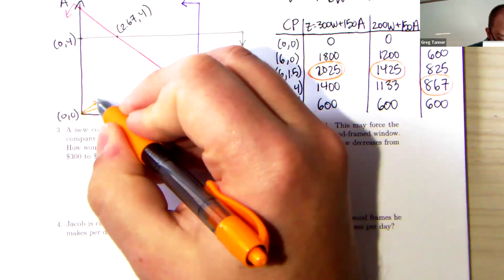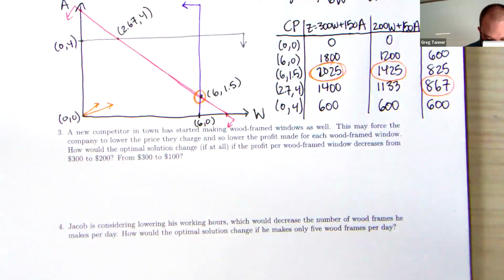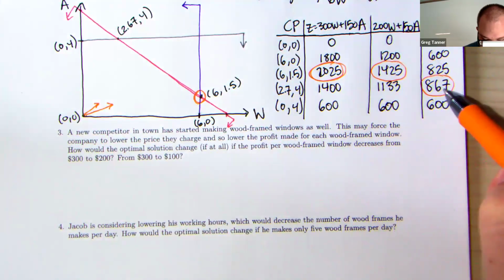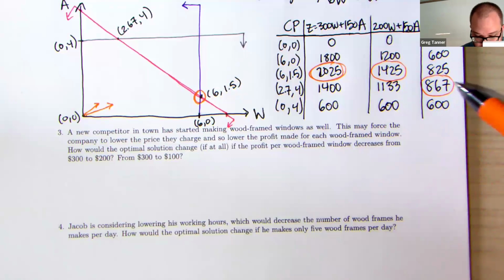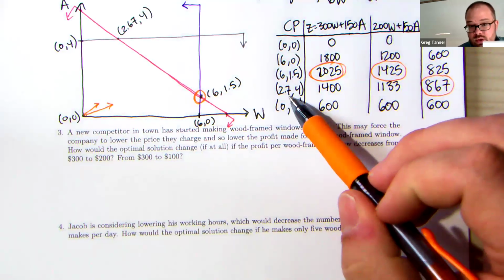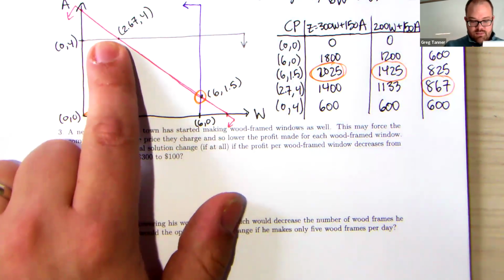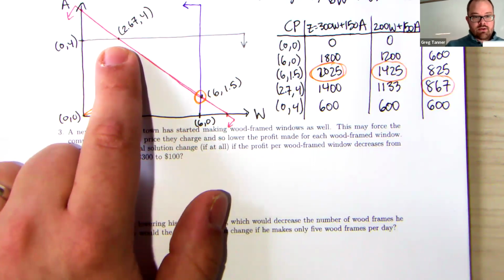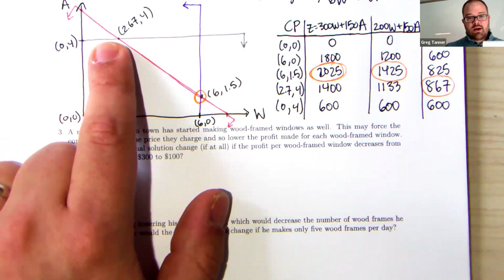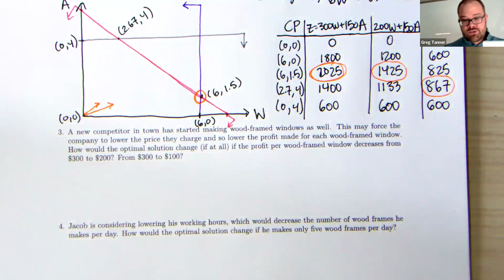So now if we reduce our profit margin enough on the wood windows, our arrow will shift more this way, and then we get a different optimal solution because we're getting less profit per window. We're now going to make fewer wood windows. We're going to make 2 2/3 wood windows and 4 aluminum windows. So now we're going to max out Eva's labor, and we're making all the aluminum windows we can, but we're making fewer wood windows.